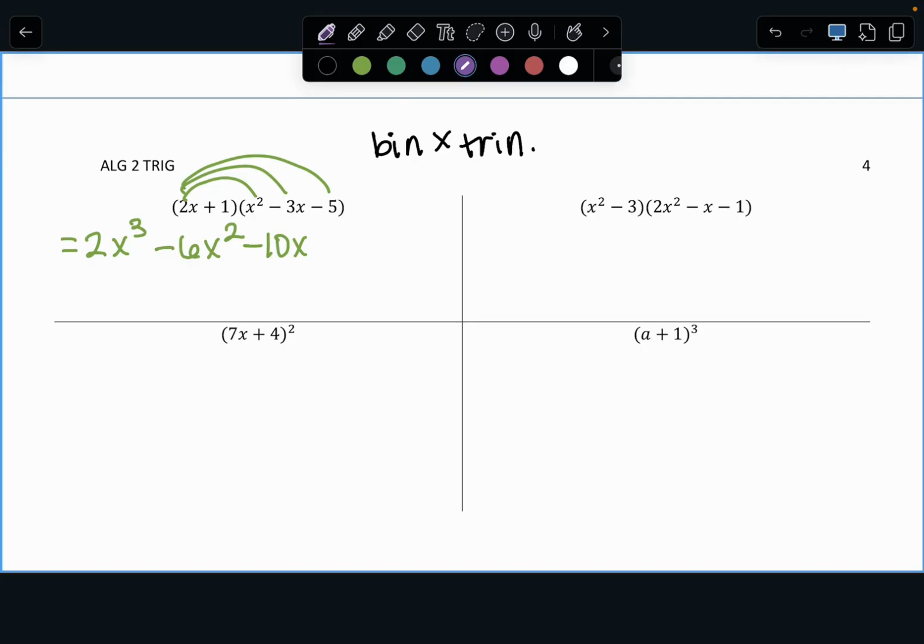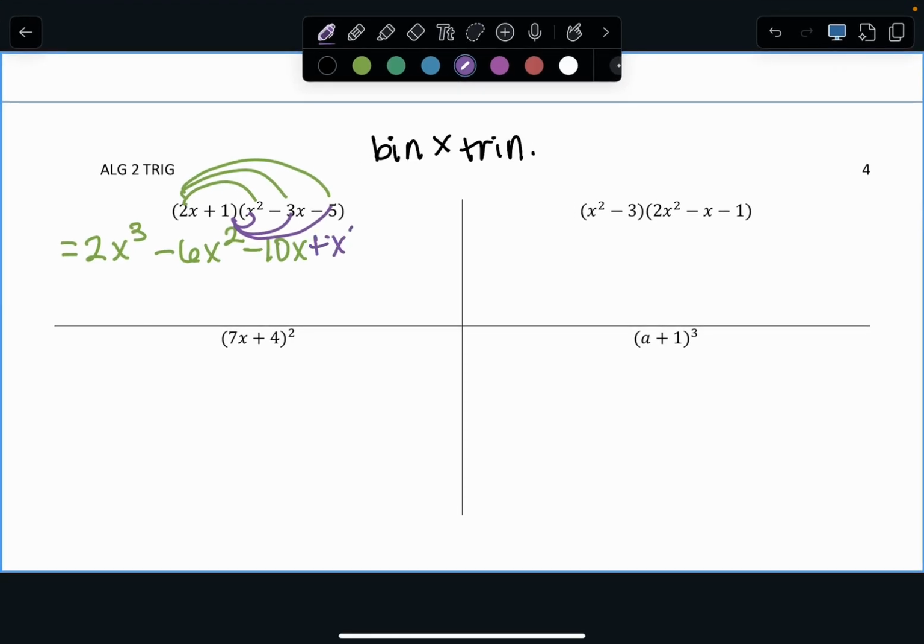So do we not use the one at all? I'm not done yet. We do the same thing for one. I take it, I multiply it by each term of the second one. So you would get x squared minus 3x minus 5. So again, just taking each piece and multiplying it by each piece of my second one.